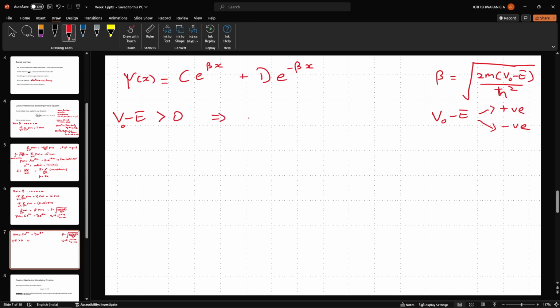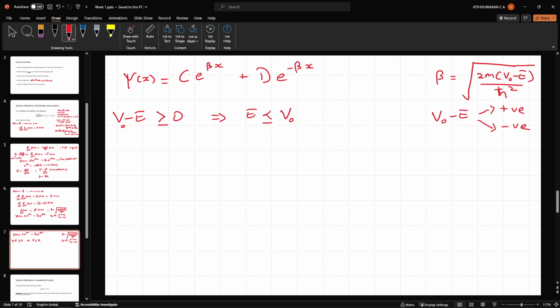This implies E is greater than or equal to 0, and E is less than or equal to V0. So here the energy of our particle is lesser than the potential level.